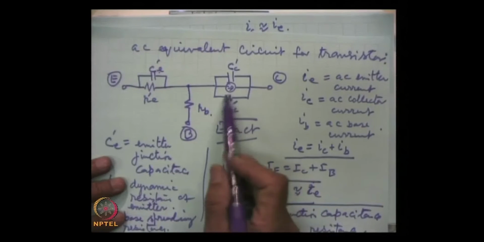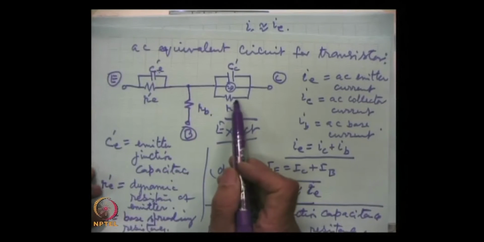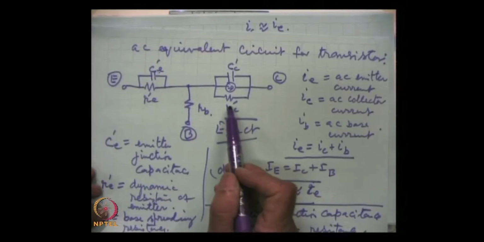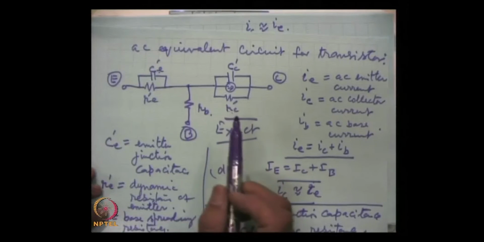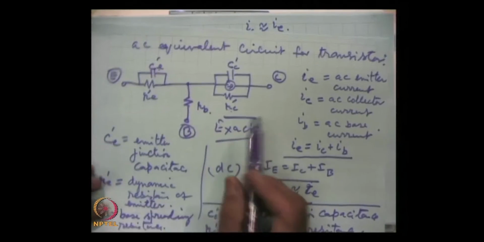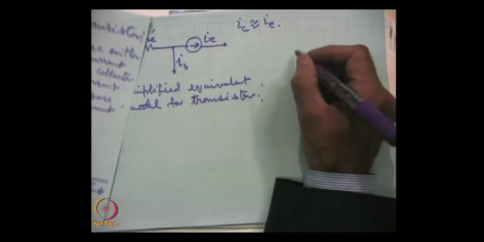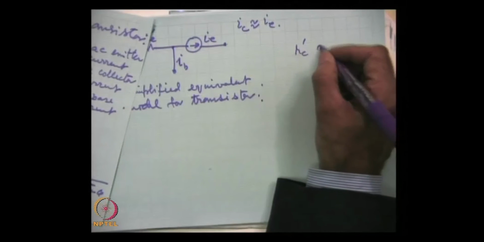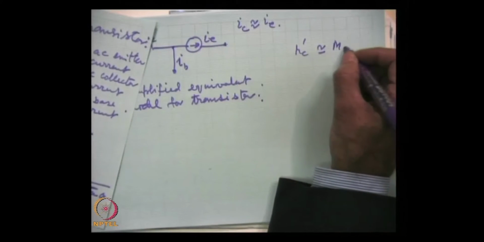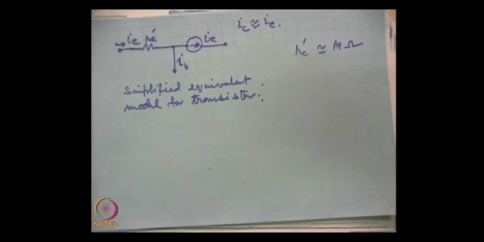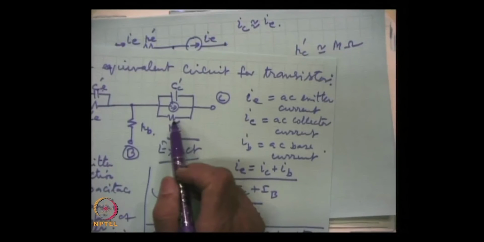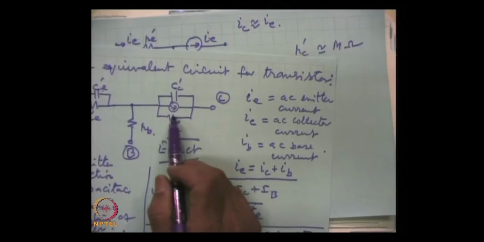Here we have dropped, for example, the collector resistance. Collector junction is a reverse biased junction, and R C is to the tune of megohms, a very high resistance, and because it is in parallel, it can be taken almost as open.